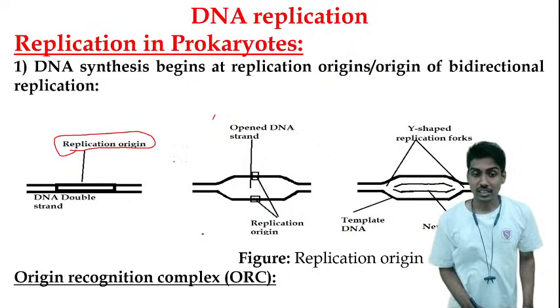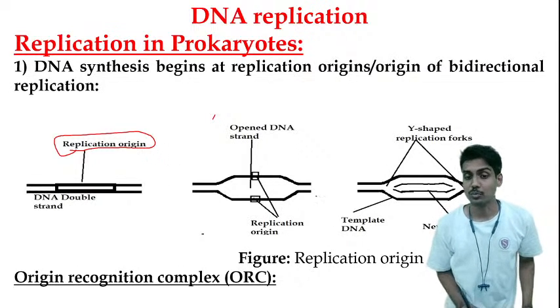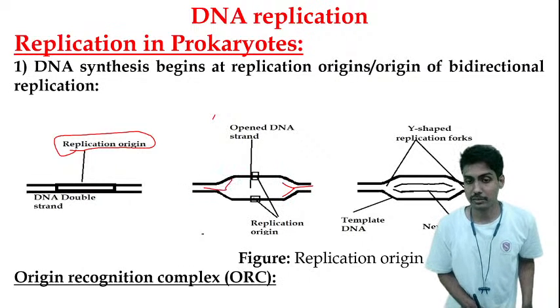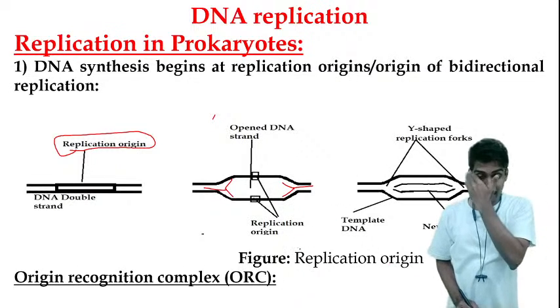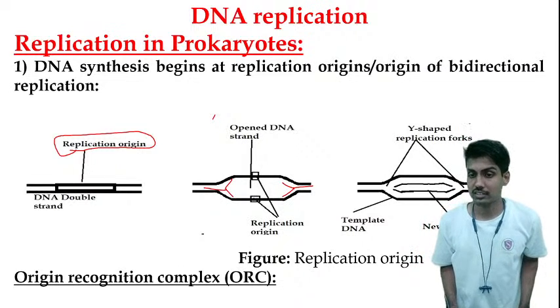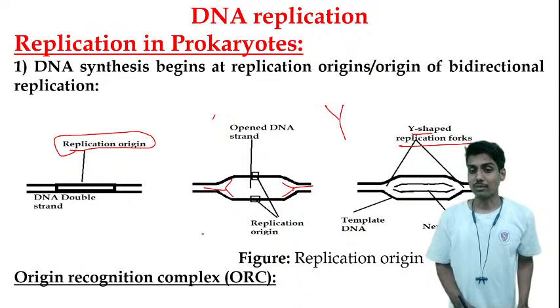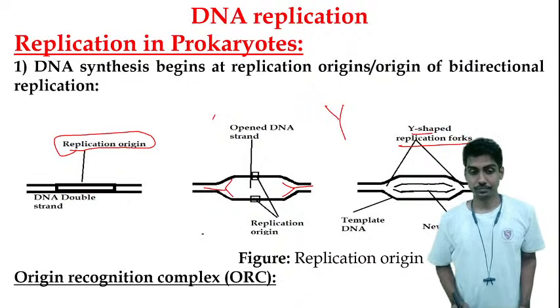When replication starts at the replication origin, it forms two Y-shaped structures, and on both of these Y-shaped structures the DNA synthesis occurs. Since this looks like a fork, these are called Y-shaped replication forks.